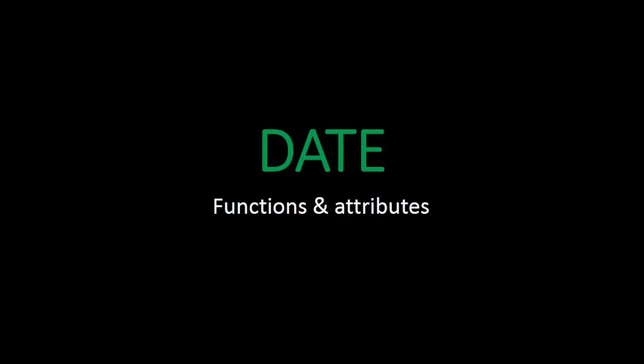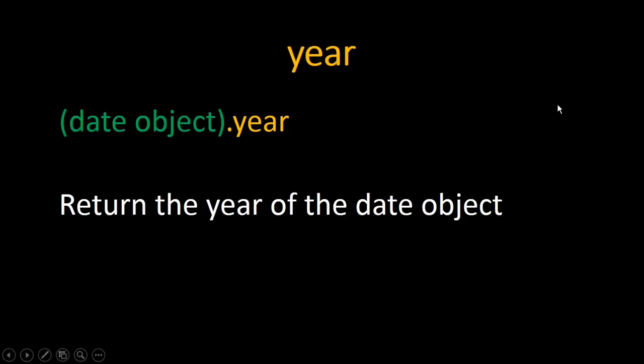Okay, for now we saw how to make a date object, and now let's see some functions and some attributes for this object. The first one here, as we saw, we have two main ways to make the object, and the first attribute is year. This year attribute returns the year of the date object, and we will see that in the example.